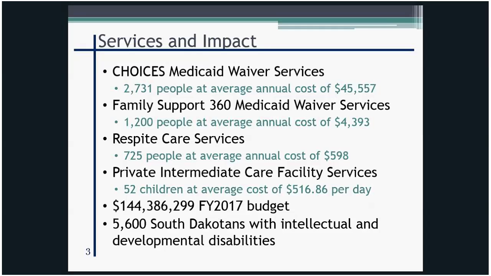There are some adults. Both waivers, Choices and Family Support, support people theoretically from birth to end of life, but we generally see adults being supported through Choices and children still residing with their parents or family member through the Family Support 360 waiver.